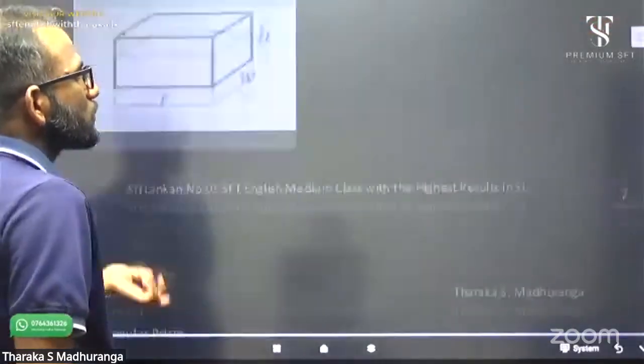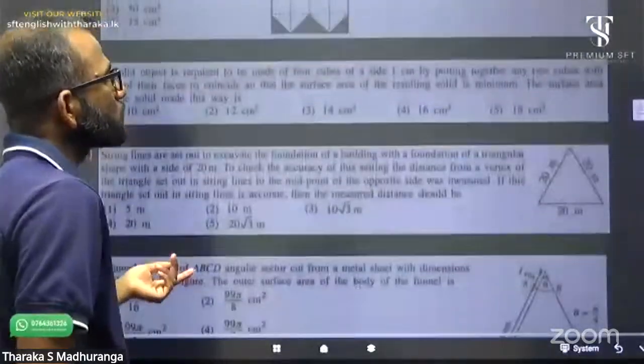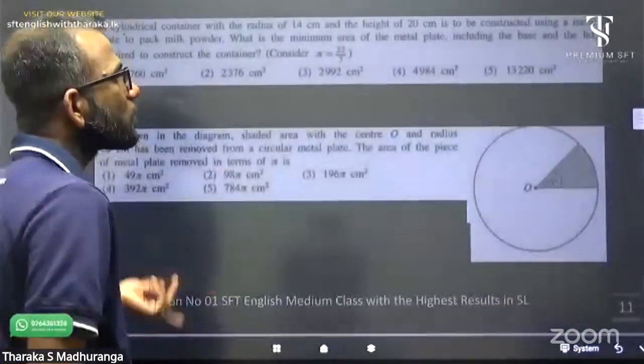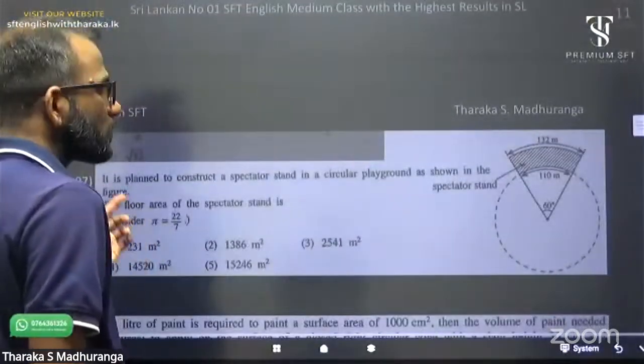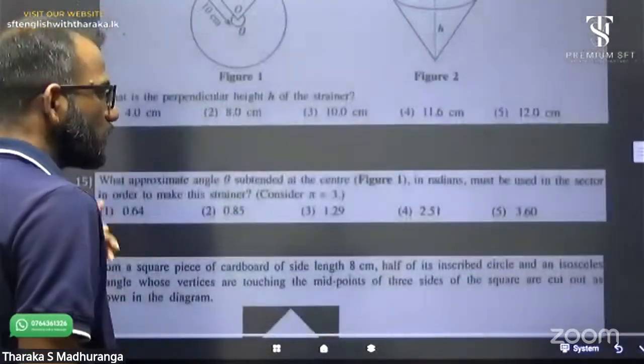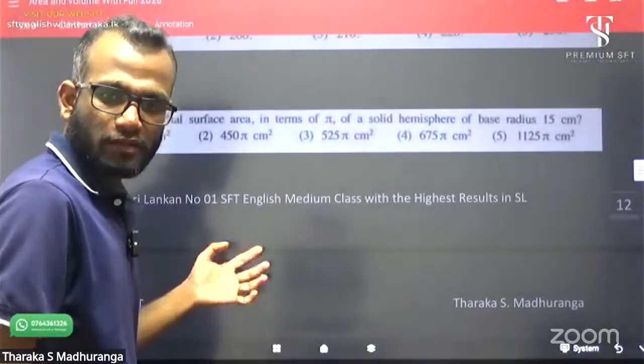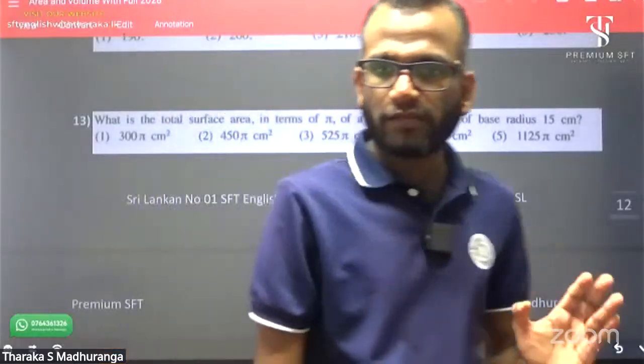Okay, what are the questions? Page number 10 questions. Shivan, what are the remaining questions? 13, 14, 15. That's only, right? Am I correct, Viniji?